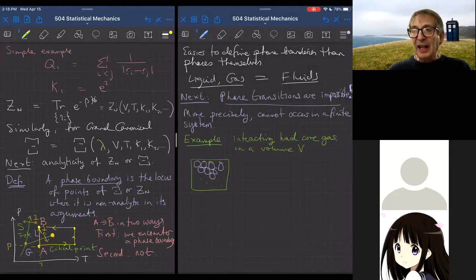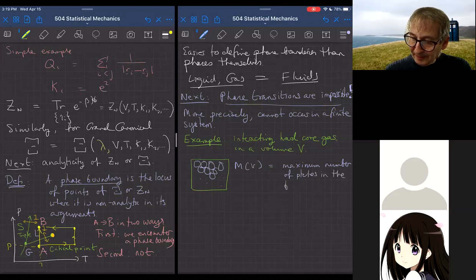And you can see that inside my finite box, I can include M of V, the maximum number of particles I can stick inside the box. Okay, so why is there a maximum number? Well, suppose I try to put N particles in, and N is greater than this M, then what will happen?